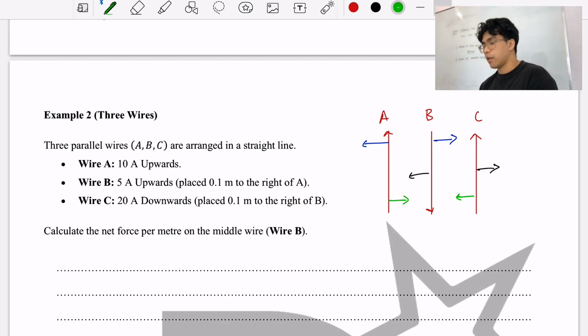So when you have 3 conductors, you now have 2 pairs of forces for each conductor. Once you understand that, the magnitudes of these forces are still the same, and then you can calculate the force you want.